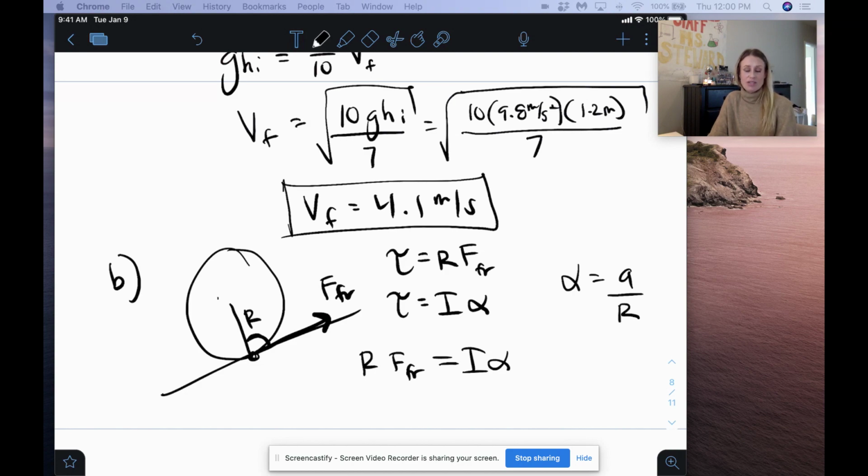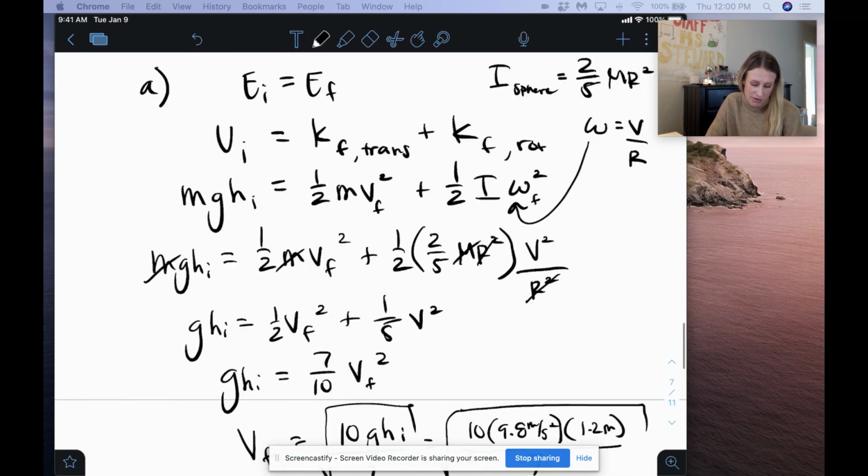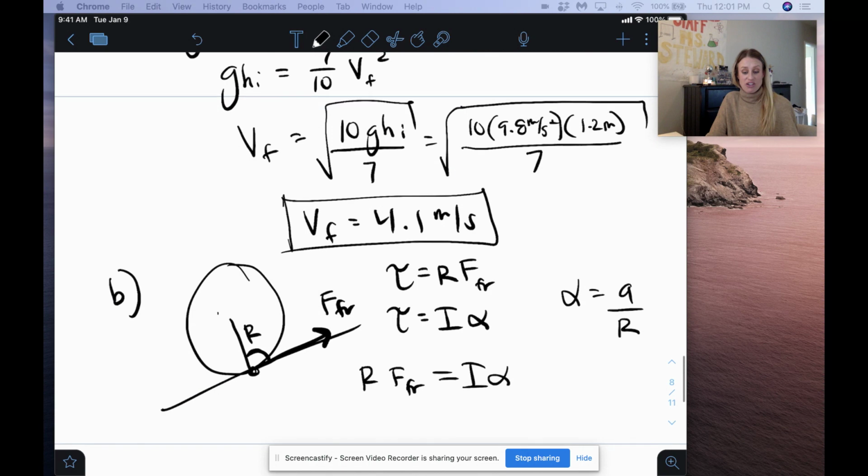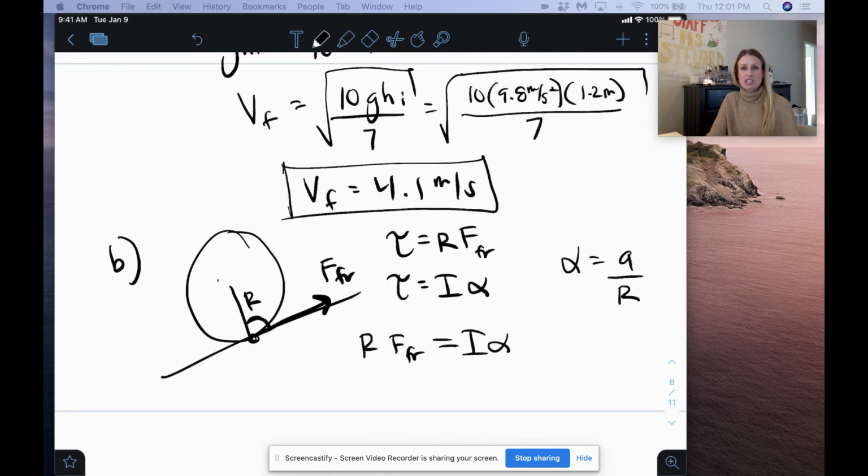And it also uses this equation here because really what we're solving for, remember, in part B, is what is the magnitude and direction of the frictional force on the ball. So you can use Newton's second law if you want to. We can also use kinematics, things like that, in order to find an acceleration down the ramp. But we don't yet know what the acceleration is, so I'm going to use that equation that I derived in the last video.